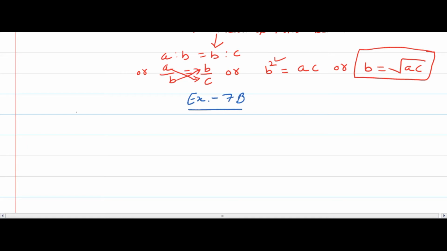Now question number one in your math is: which of the following statements are true?